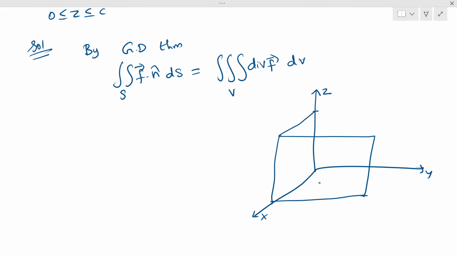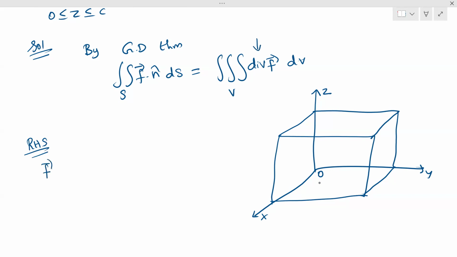So this is the rectangular parallelepiped, given in 3 dimensions. First we do the RHS. For the RHS, we need divergence F.